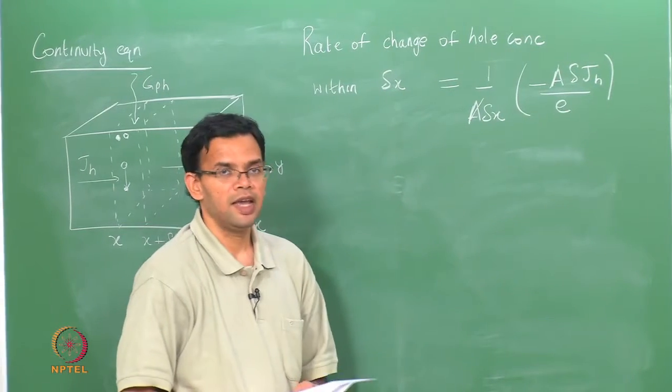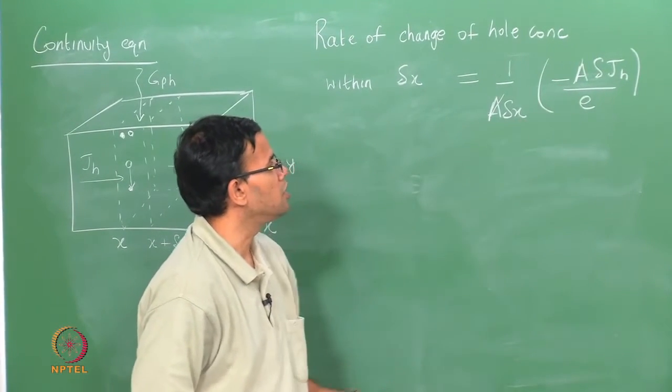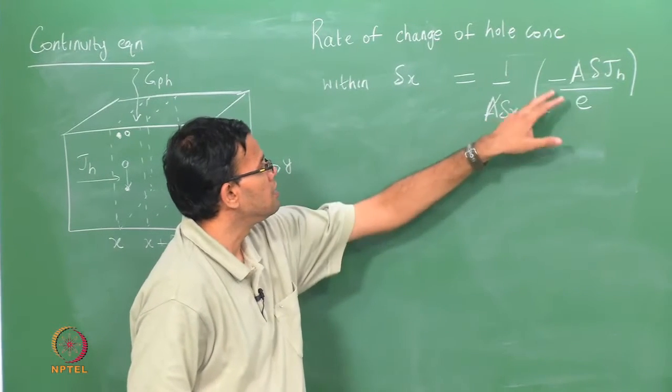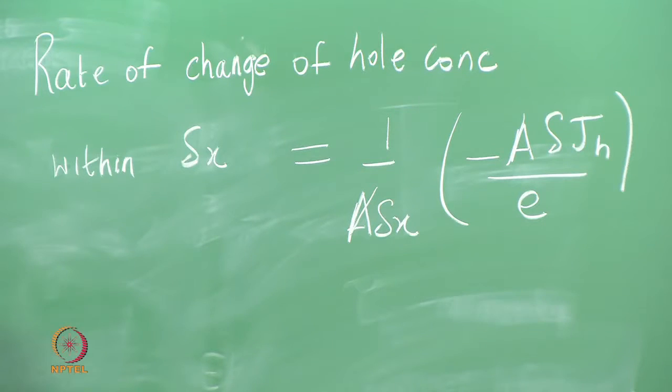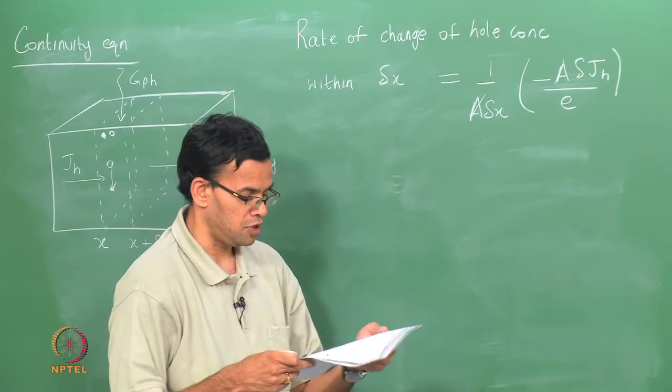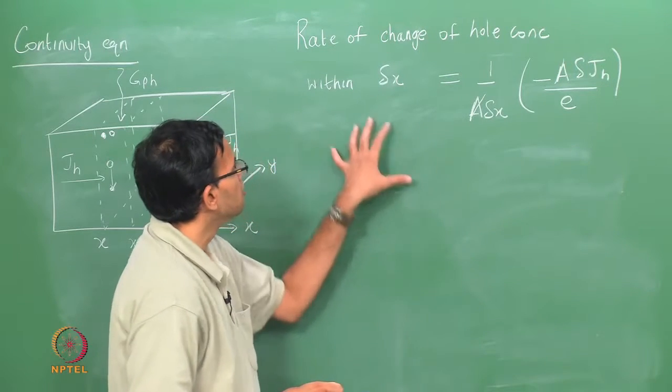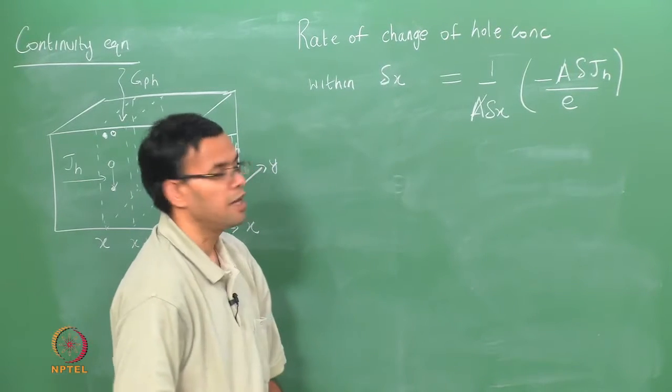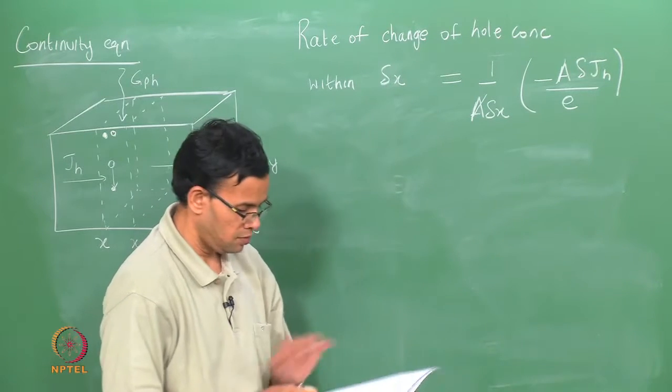So, if delta JH according to this equation is negative, then this whole thing is positive. There is an increase in the hole concentration. On the other hand, if it is positive, there is a decrease in the hole concentration. So, this just denotes the rate of change of hole concentration.